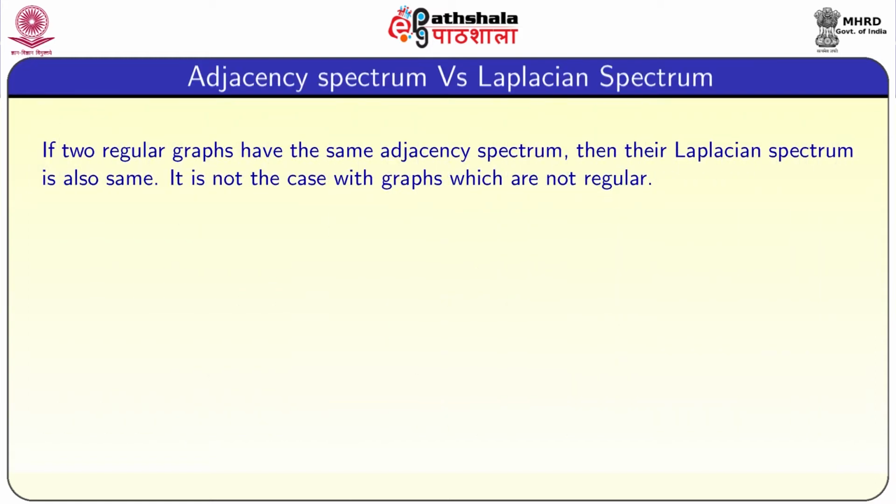That is why we are looking at the adjacency spectrum versus the Laplacian spectrum. If two regular graphs have the same adjacency spectrum, then their Laplacian spectra are also the same. It is not the case with graphs which are not regular.